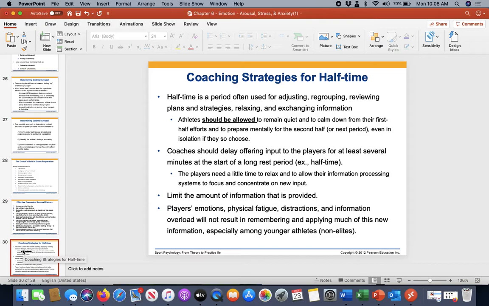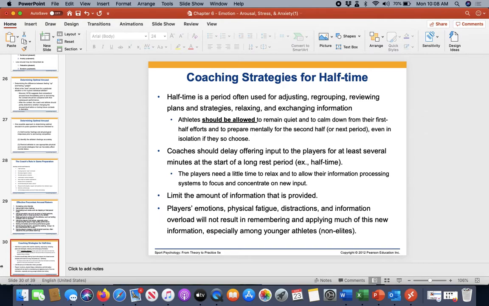Sometimes halftime of a specific contest is not a long period of time, but you still have to give them a few minutes to decompress and maybe talk on their own, and then go in and explain your theories. Not giving too much information is obviously critical.